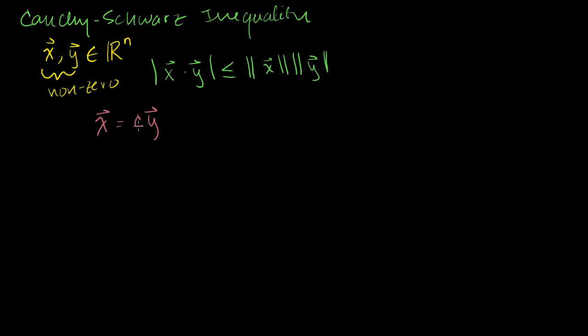But if you want to say it, you could say that c also is going to be non-zero. But that essentially just falls out of this information. But if this is the case, and if and only if this is the case, then we can say that the absolute value of the dot product of the two vectors is equal to the product of their lengths.